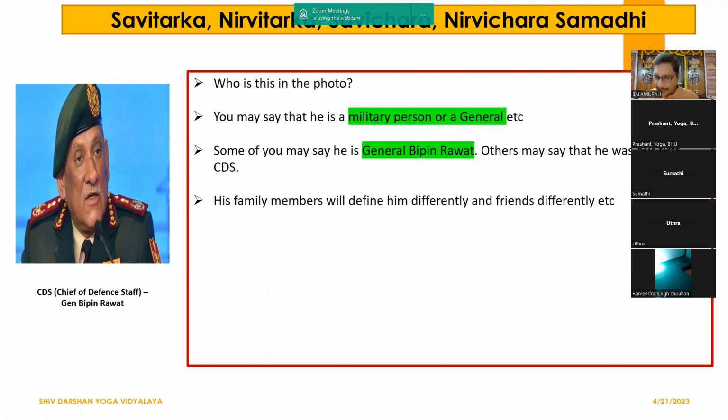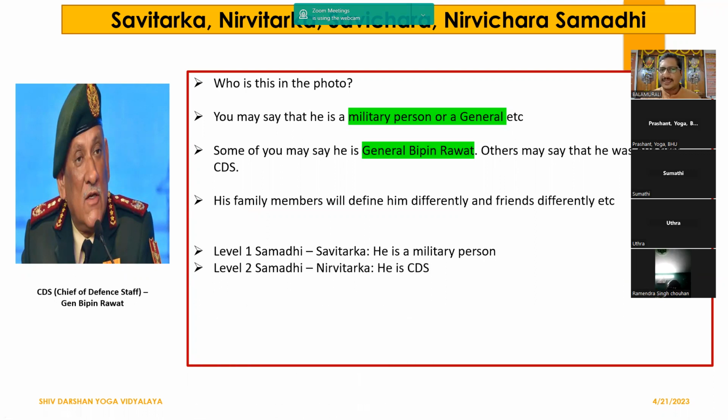but I can never define him. Now this is called, in Samadhi, the first level of Samadhi, Savitarka: you will say he is a military person, the first level of understanding. Second level, Nirvitarka: you can say he is Bipin Rawat, the great person, the first head of all the tri-services, the Chief of Defense Staff, heading all three services. This is for the detail, right? Level 2.